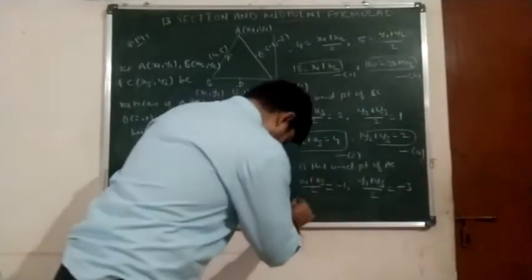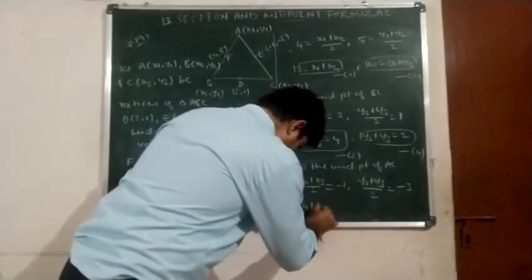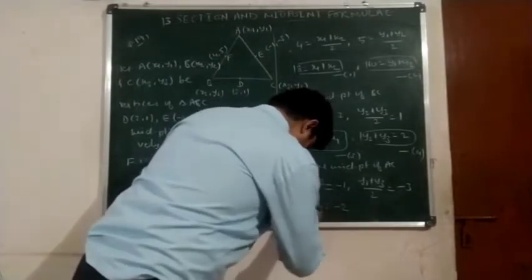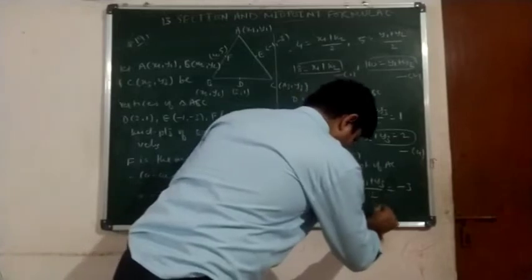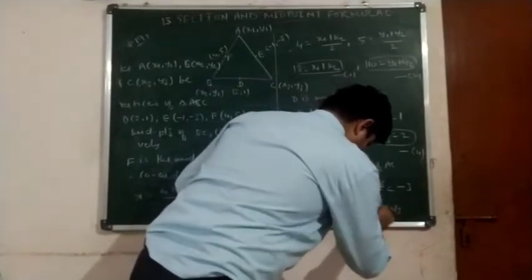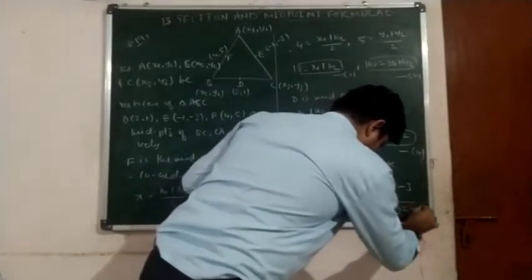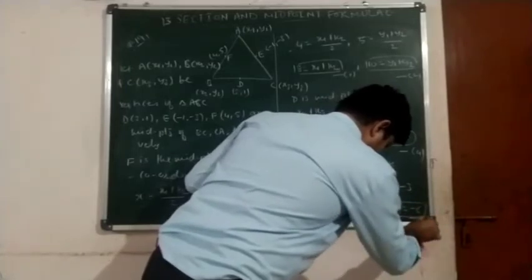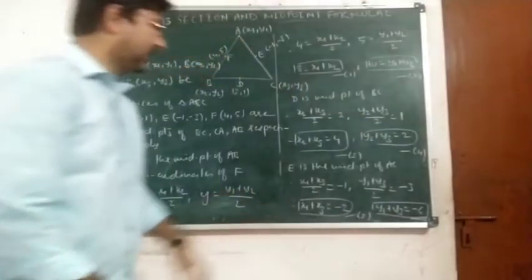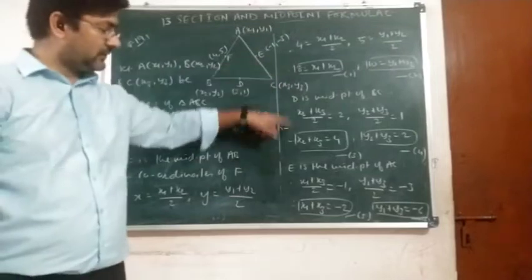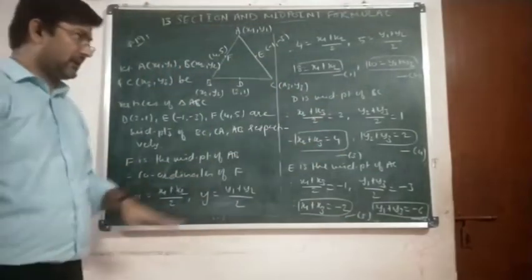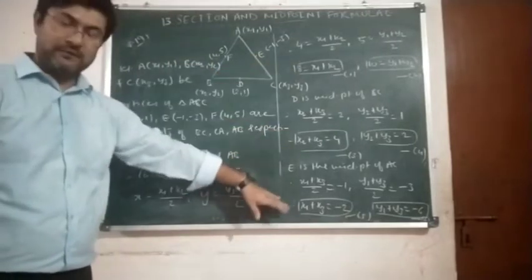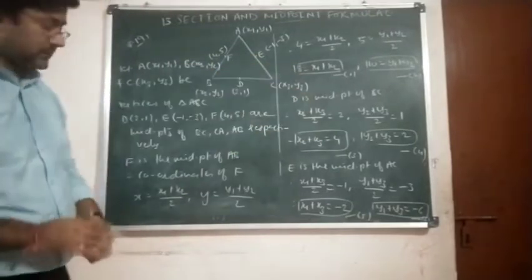Therefore we will get two more equations: x1 plus x3 is equal to minus 2, number 5, and y1 plus y3 is equal to minus 6, equation number 6. Clear? Now we will add 1, 3, 5 and 2, 4, 6 separately. First 1, 3 and 5 and then 2, 4, 6.